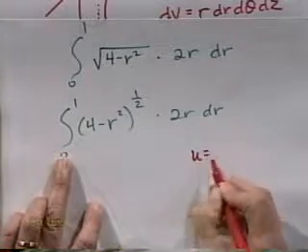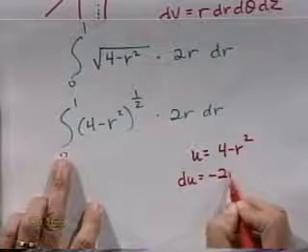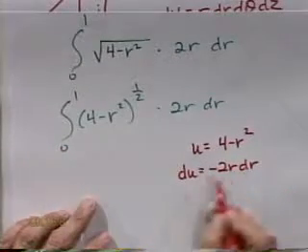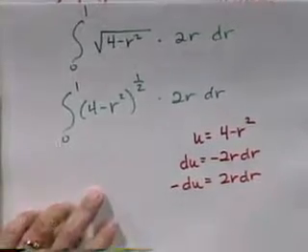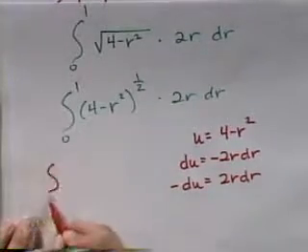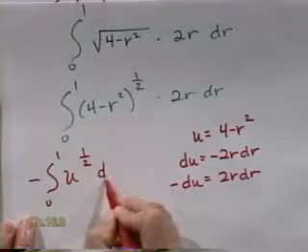My u is going to be 4 minus r squared, so du is minus 2r dr. So if you multiply through by a negative, minus du is 2r dr. And so therefore this becomes the integral of u to the 1/2 times minus du.